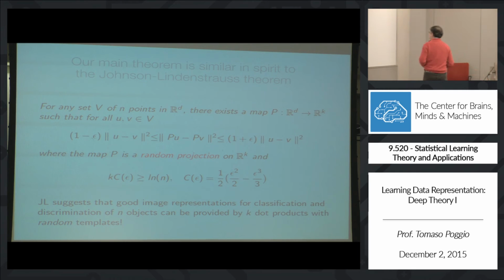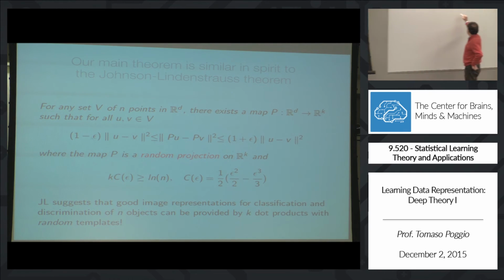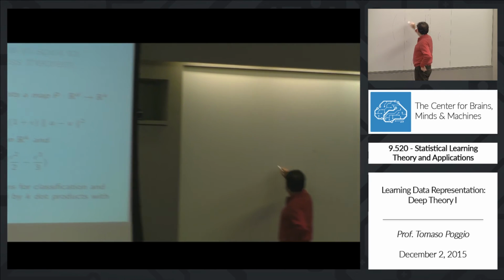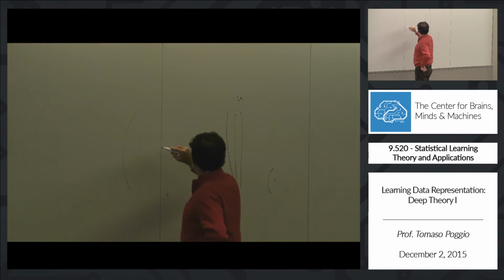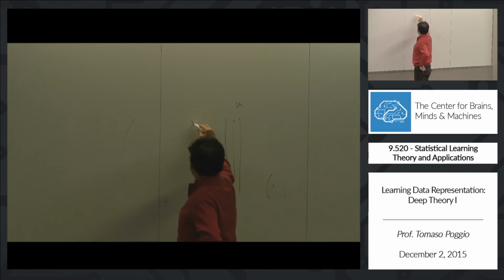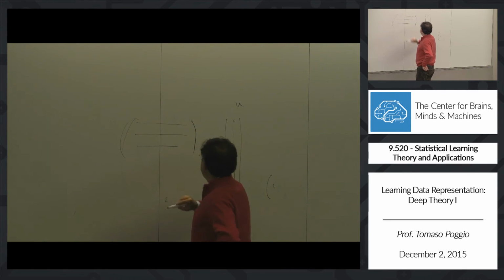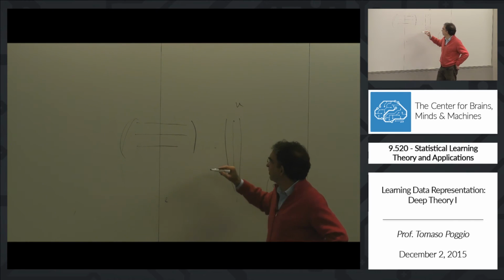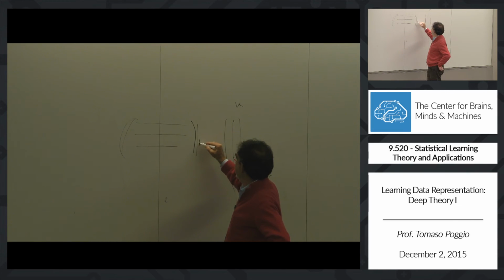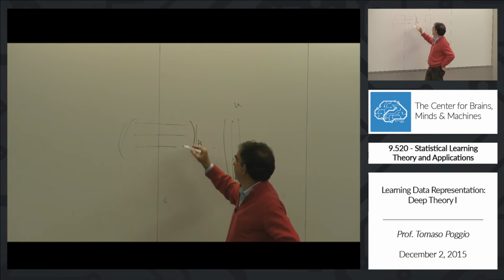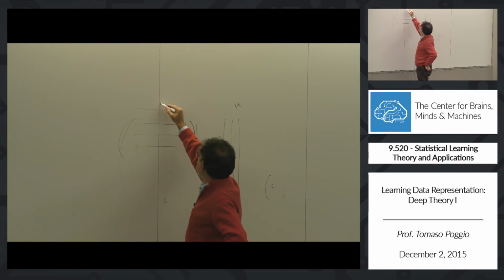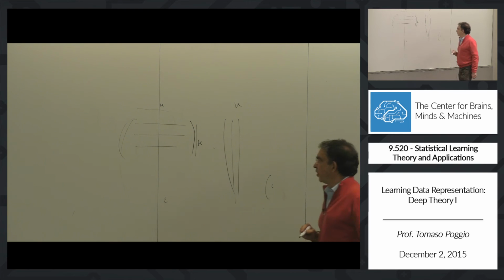The projection will be, you are taking this high-dimensional object u, with 1 million components, and operating on it with a matrix that has k rows but n columns.